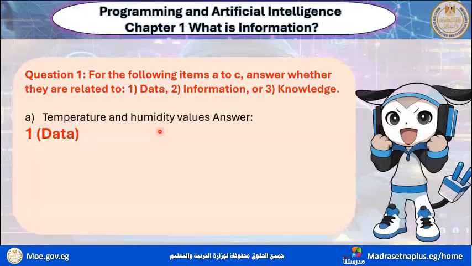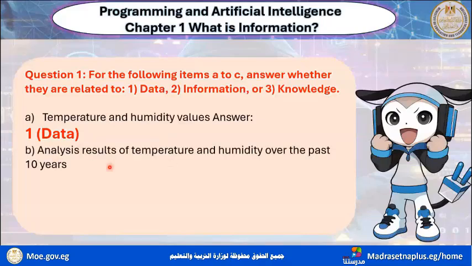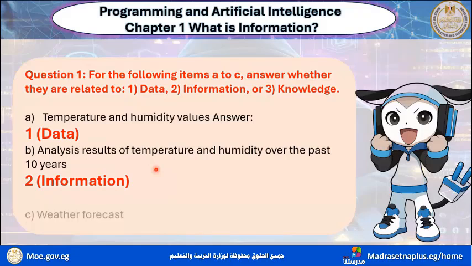Analysis results of temperature and humidity over the past 10 years. If temperature is data, the analysis results of temperature is, perfect, information. Well, weather forecast. We know the analysis results of temperature, so we forecast the weather.